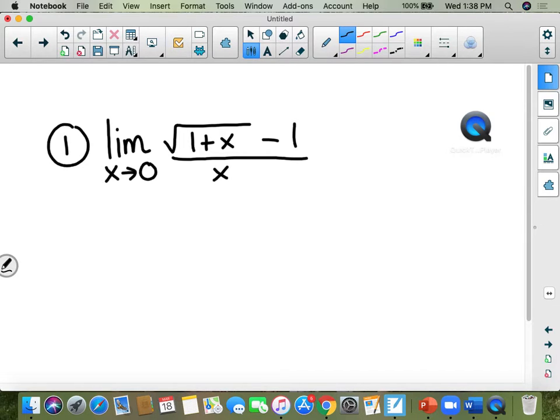Okay, we've never done one like this. What happens when you put 0 into your x values? You're going to have 0 in the denominator, and then what do you do? Maybe you could look at your graph to come up with your answer, but maybe you can't use your graphing calculator to do this problem. What does L'Hopital's rule say to do?